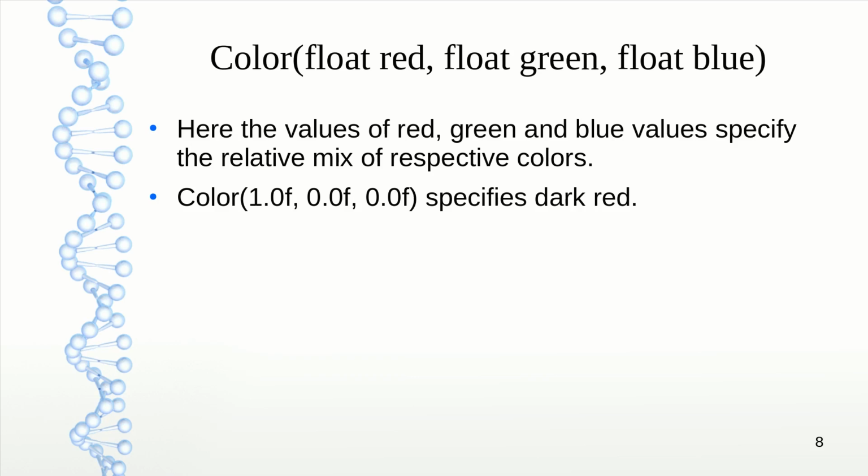Here the values of red, green and blue specify the relative mix of respective colors. For example, Color with 1 for red and 0 for green and 0 for blue produces simply the dark red color.